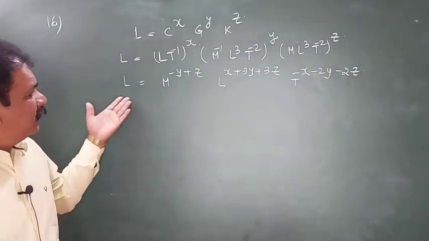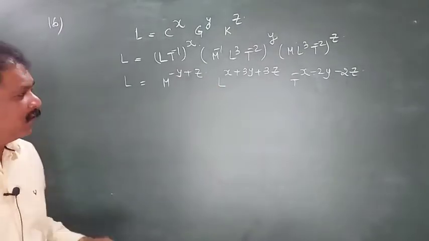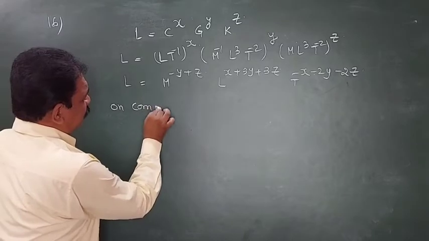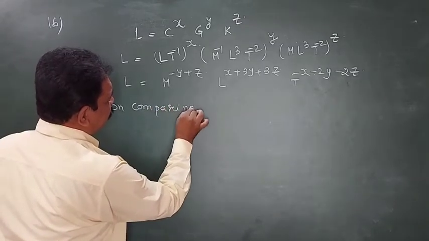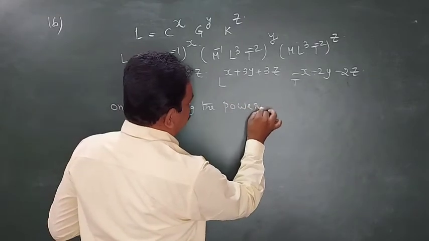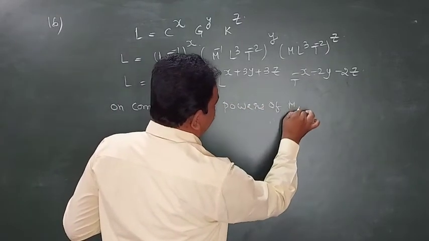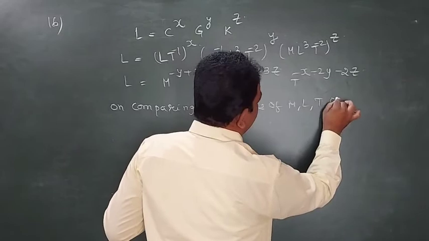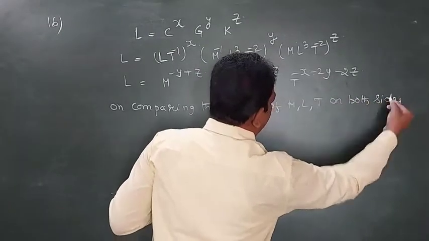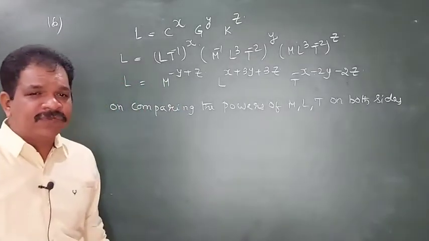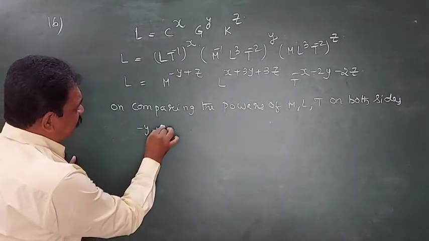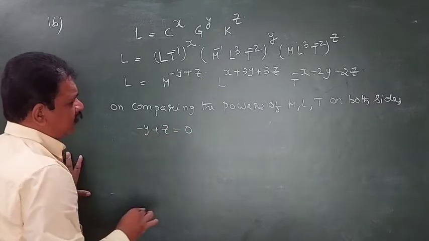Okay? Then we'll compare the powers on both sides. On comparing the powers of M L T on both sides, minus Y plus Z is equal to 0.